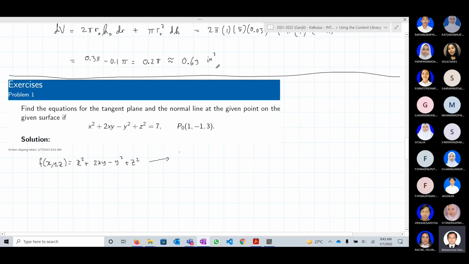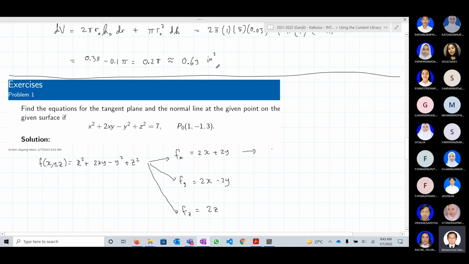Then the derivative of f with respect to x is 2x plus 2y, with respect to y is 2x minus 2y, and with respect to z is 2z.